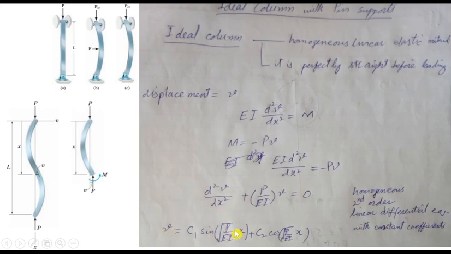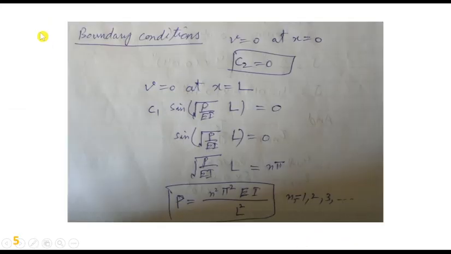From mathematics, its solution is mu equal to c1 sin of square root of P over EI times x, plus c2 cos of square root of P over EI times x. That is the solution. If we apply the boundary condition, deflection is 0 at x equal to 0 because it is at the support and there is no buckling there.